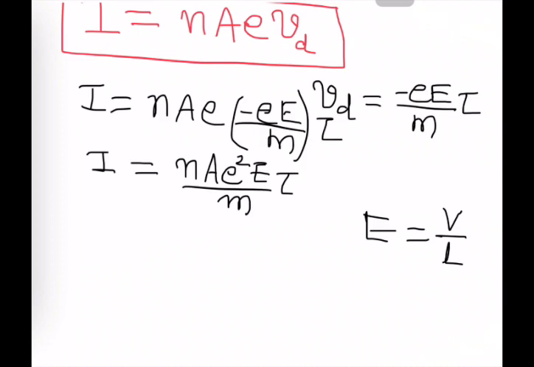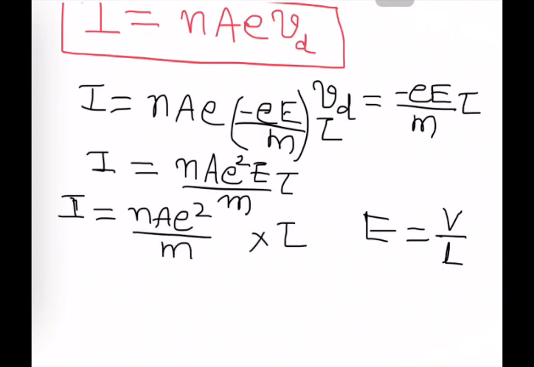Wherever E is there, you replace it by V by L. So the equation becomes I is equal to nAe square, by m, tau, and instead of that E we write V by L.